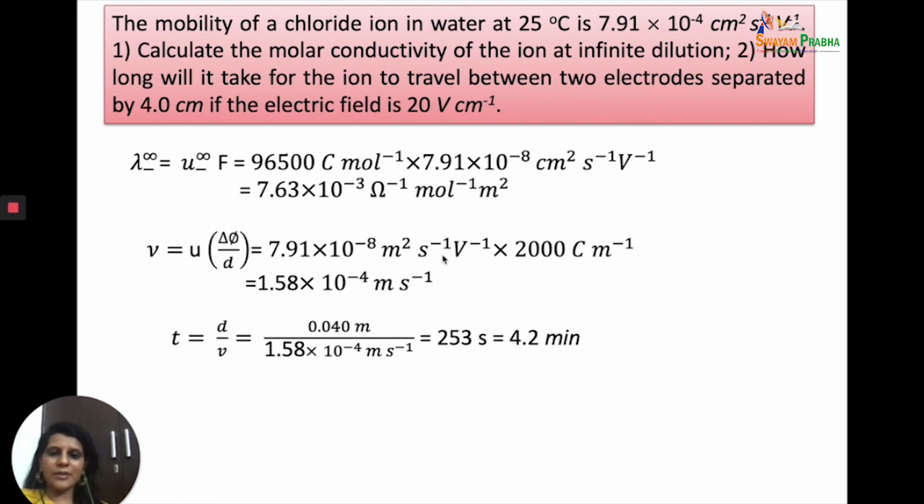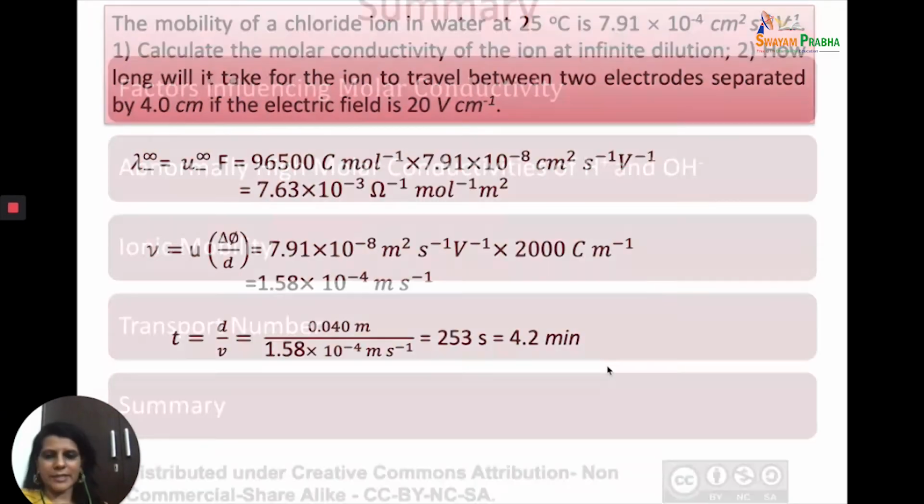We are given the value of ionic mobility, we just multiply by potential gradient and we get the value of ionic speed. Now that we have the speed, we can get the value of time. Time is equal to distance upon speed. We are given the distance, which is 0.040 meter. We substitute the speed and we get the time in seconds. We can also convert it into minutes.